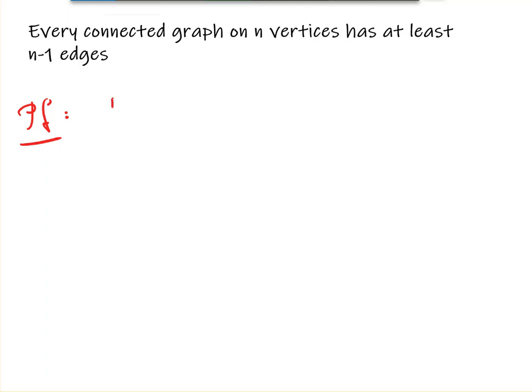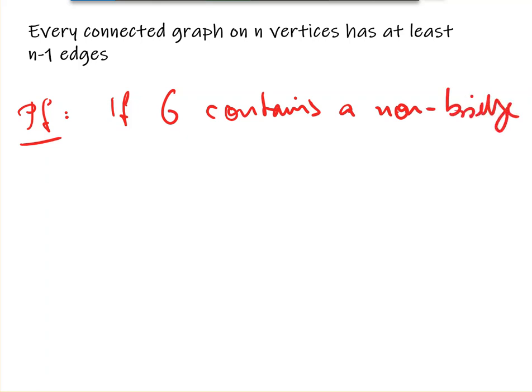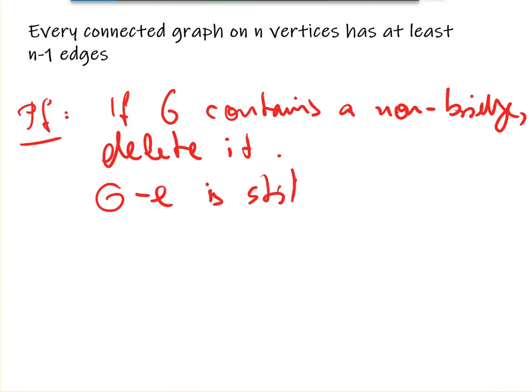So how does it work? If G contains a non-bridge, delete it. Okay, so then if I do that, G minus e is still connected. And we repeat this process.